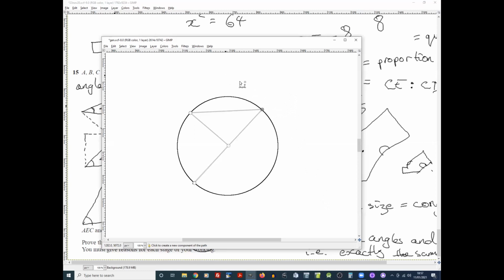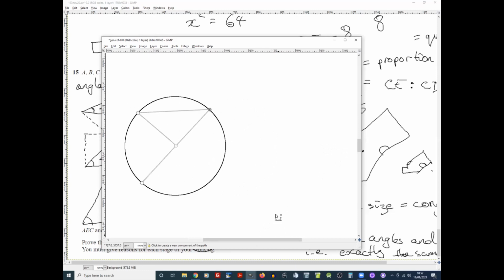Where the tangent. Now, what's the basic fact about tangents to a circle? Not sure. Right, I'll do that as well. I think I'm going to lose those paths now. That's the trouble.